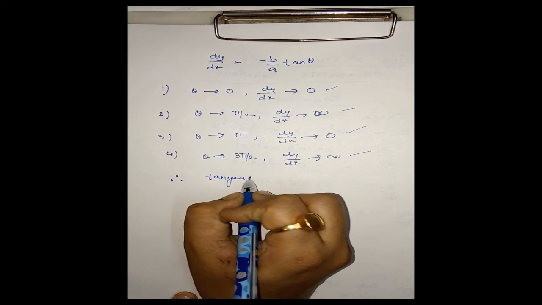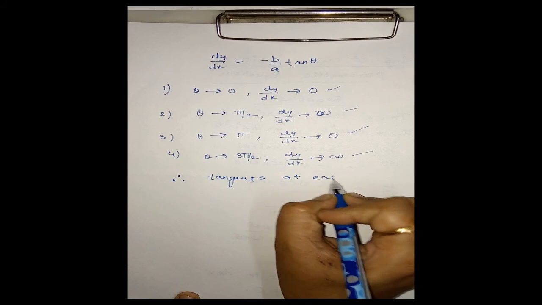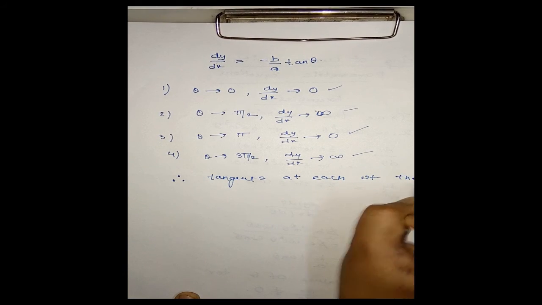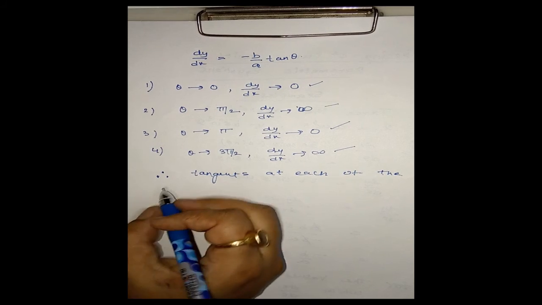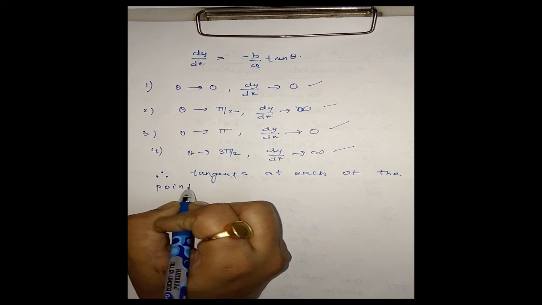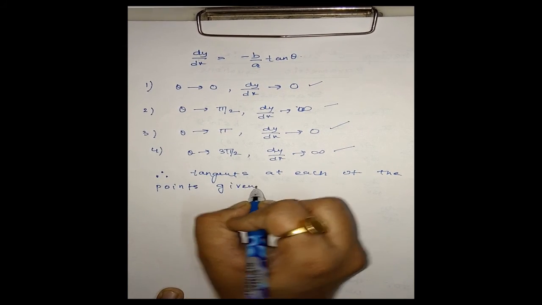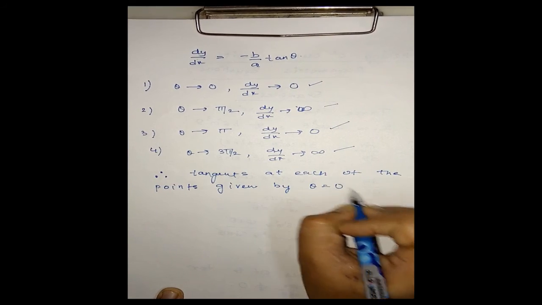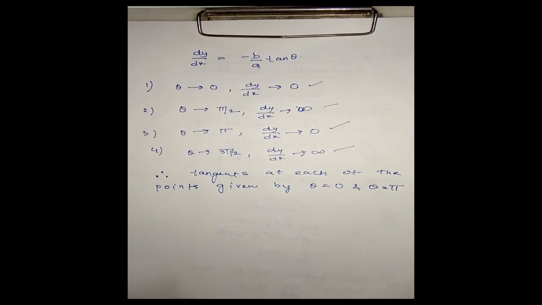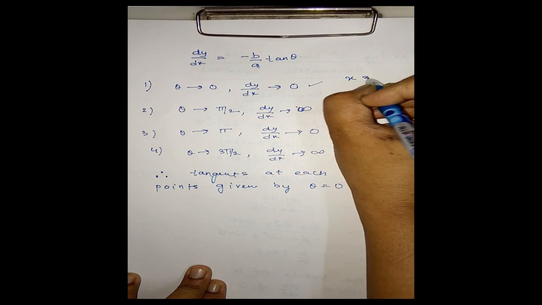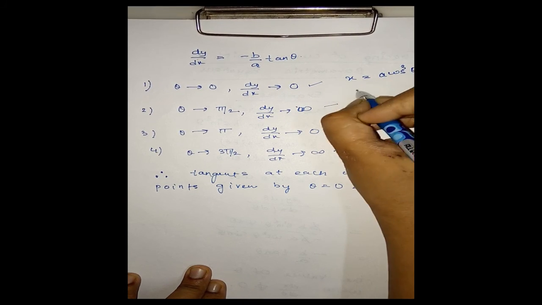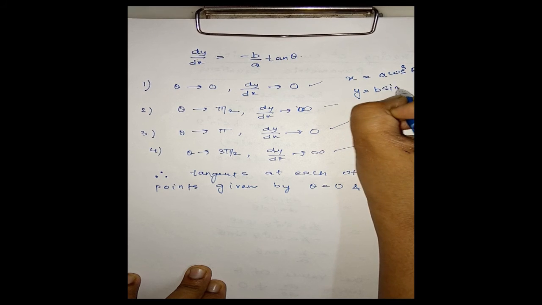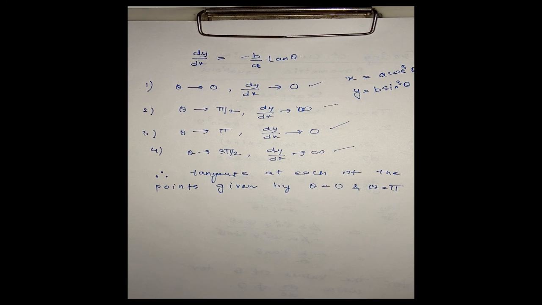Therefore, tangents at each of the points given by theta equal to 0 and theta equal to pi. My x is a cos cube theta and y is b sin cube theta. These are the equations of x and y.